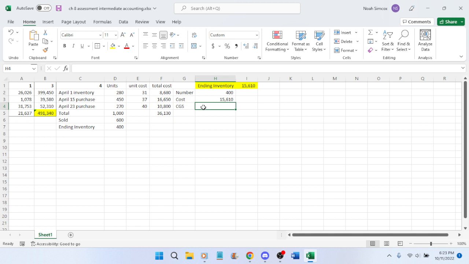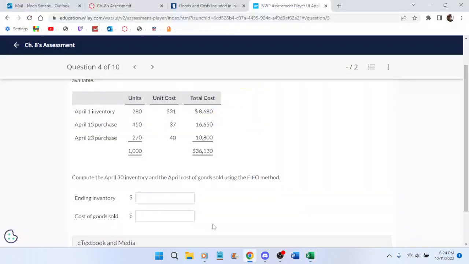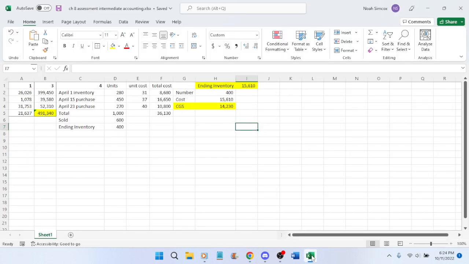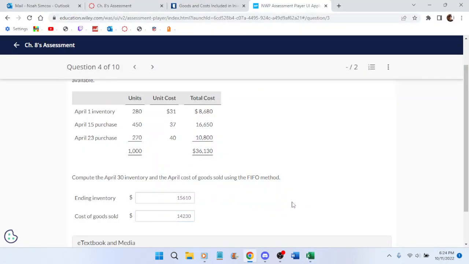So equals this times this plus this minus this times this. So 15,610 and 14,230. Please.